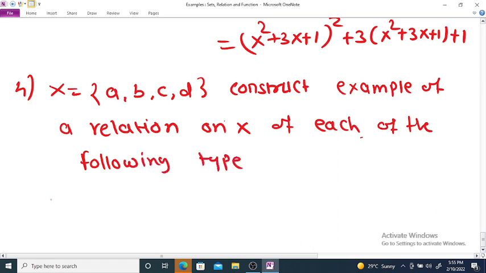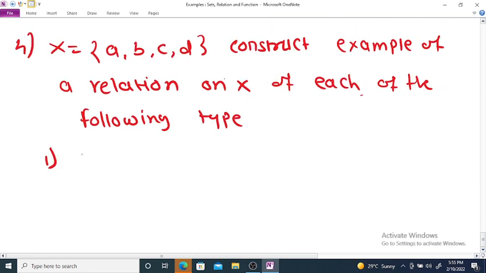The first type is reflexive, symmetric and transitive. Second, reflexive, symmetric but not transitive.